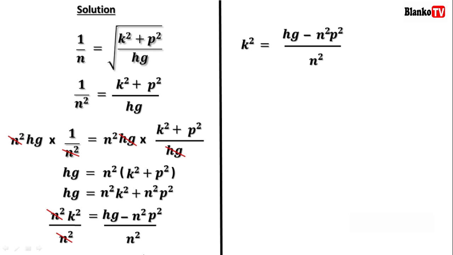Now to make k the subject, we take the square root of both sides to get rid of the square. So we get k equals the square root of hg minus n square p square over n square.